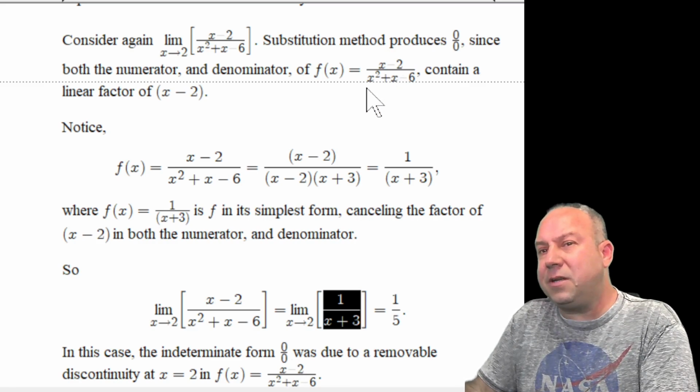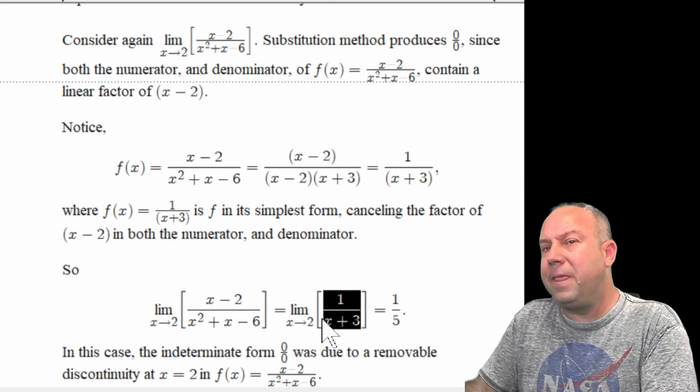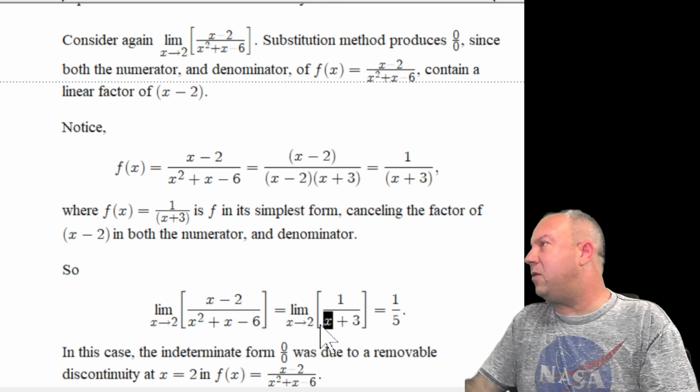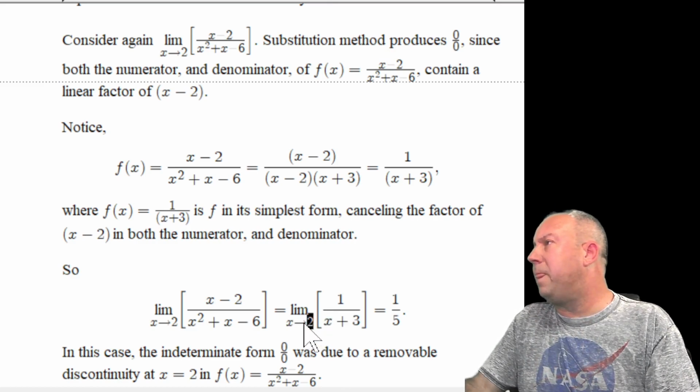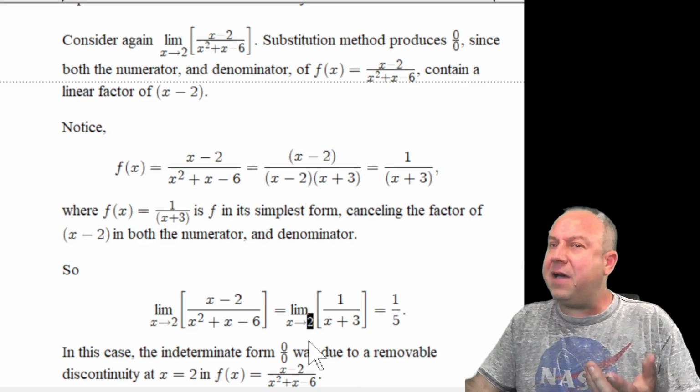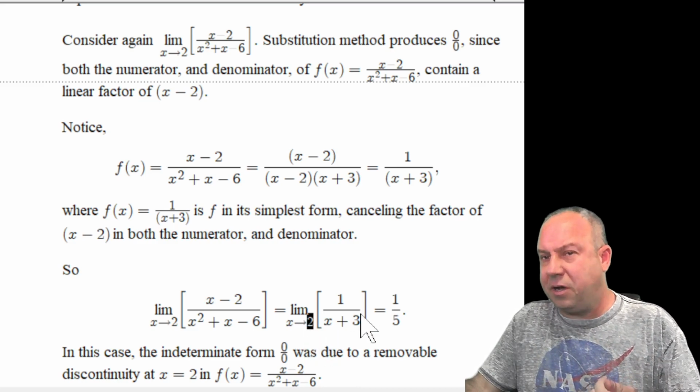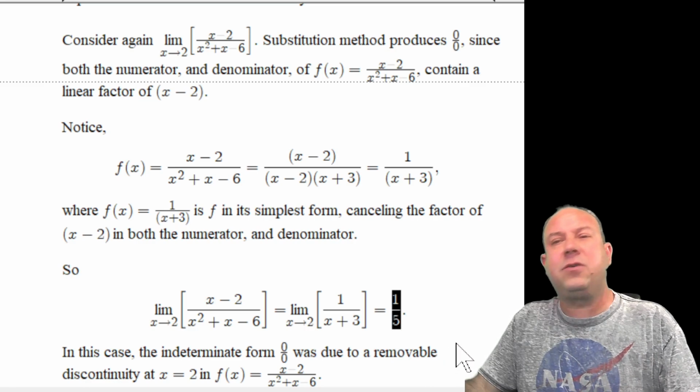And I now consider the substitution method. Substituting in the value of x, the value of 2, I no longer have that indeterminate form as a result. I encounter the value of 1/5.